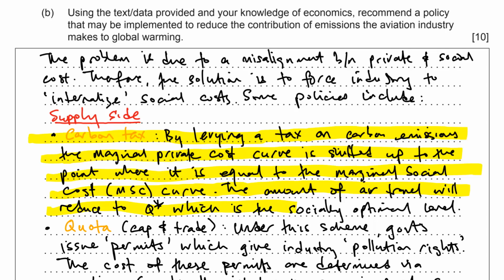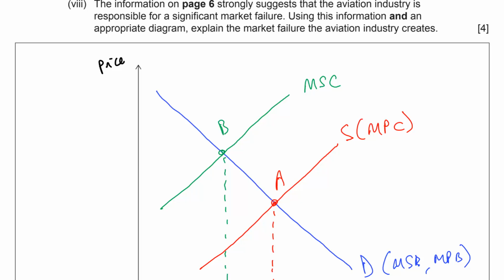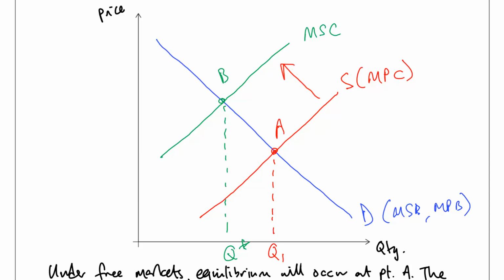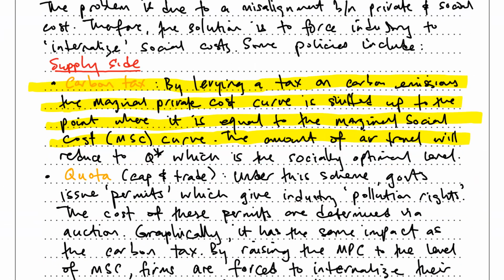So if you put a supply side tax on, that should be enough to raise the marginal private cost curve up to the level of the marginal social cost curve, and in doing so, you naturally cut the level of consumption from Q1 down to Q star. So that's the case of a carbon tax.